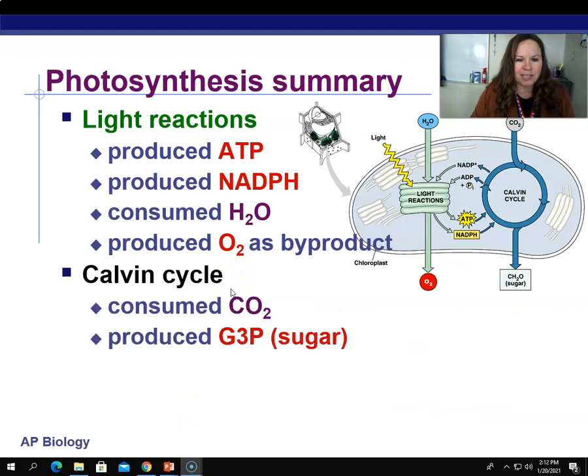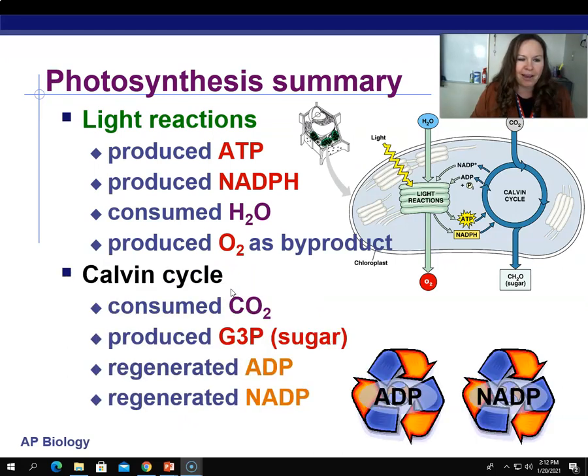So here is our summary with our wonderful diagram. So the light reactions produce ATP and NADPH. They consume water, though, in order to do that. But after consuming water and splitting water, we're left with a wonderful byproduct of oxygen. In the Calvin cycle, the synthesis part of photosynthesis, we consume CO2 out of the air.